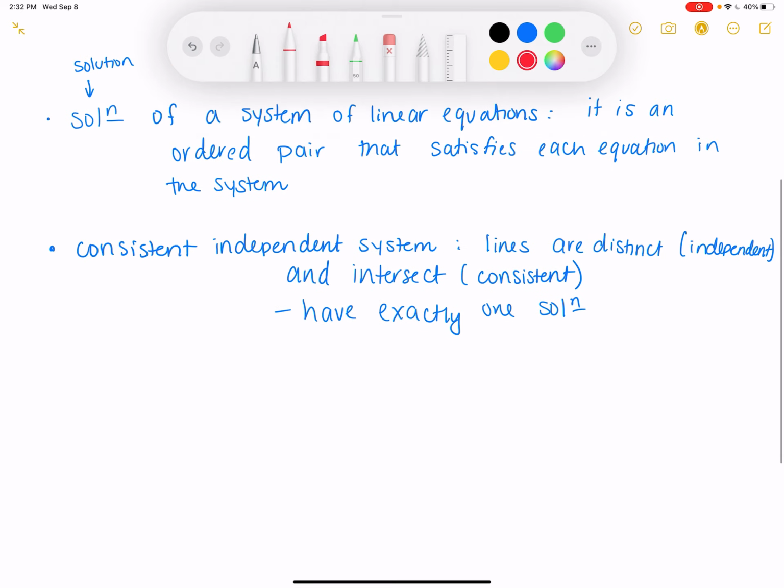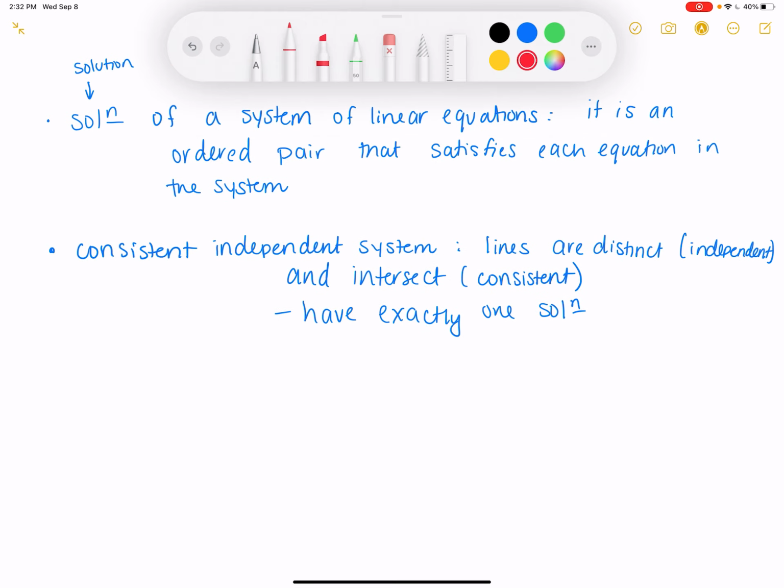Did I go up too far? We good? All right, so solving a linear system using the graph and check method.